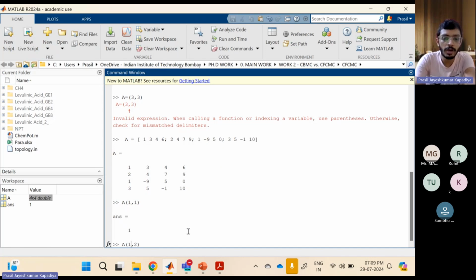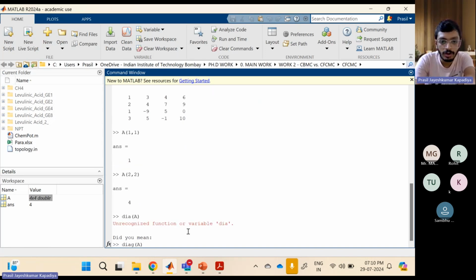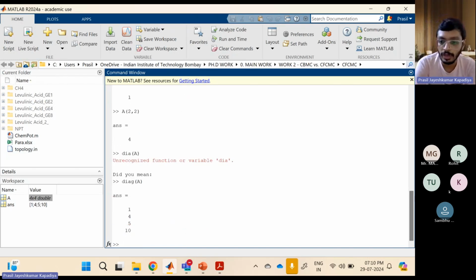Then I will write 2 comma 2. Like that I can get. But let's say I want all these entries in one. So what will I do? I will write DIA. I guess it is dia or diagonal. I don't remember that command. DIAG. When you use this DIAG function, you get diagonal elements.